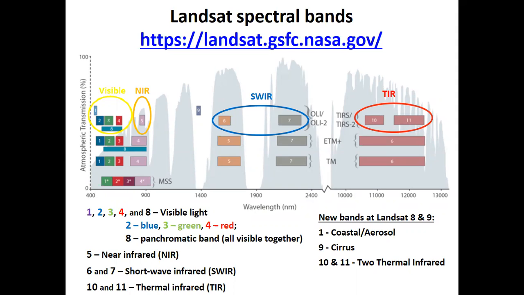So it is mainly used to study the atmosphere, clouds, and the very thin so-called cirrus clouds. This is a little bit of a specific instrument. Let us not pay too much attention to this now, but you should know that the main spectral bands recorded by detectors installed in Landsat satellites are visible light, near infrared, short wave infrared, and thermal infrared.